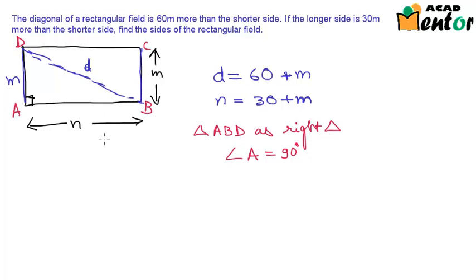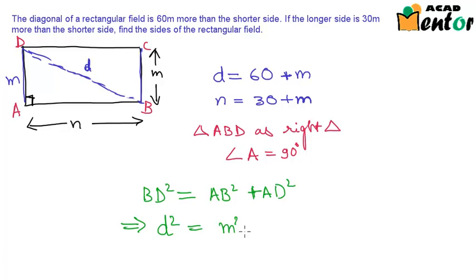The Pythagoras theorem would say that BD square, that is the hypotenuse square, is equal to AB square plus AD square, and in terms of M, N and D, I can write this equation as D square is equal to M square plus N square.